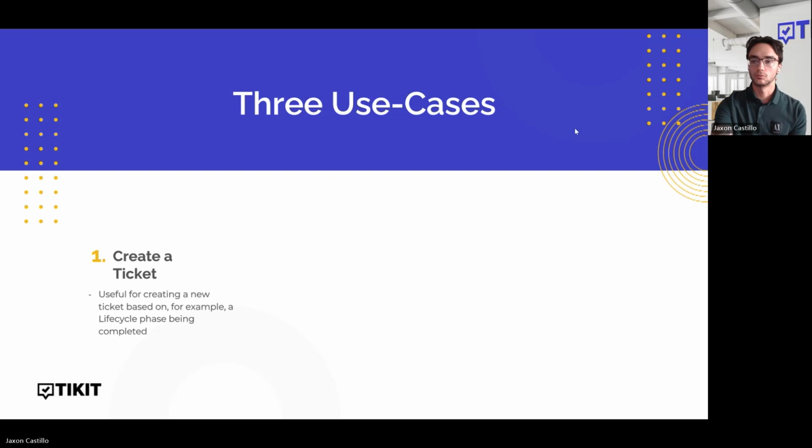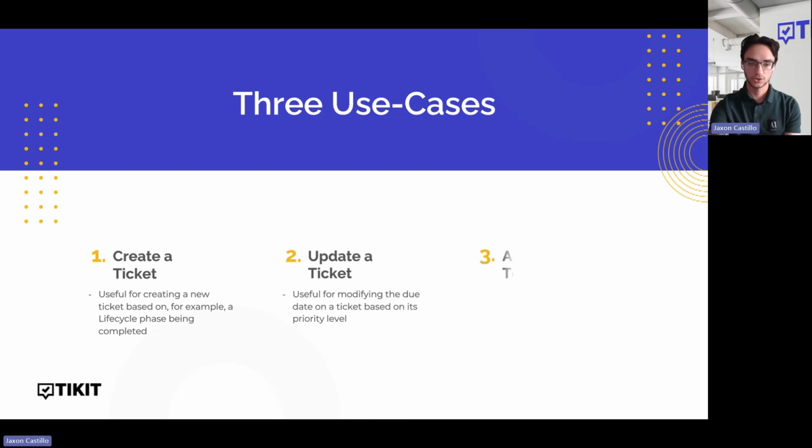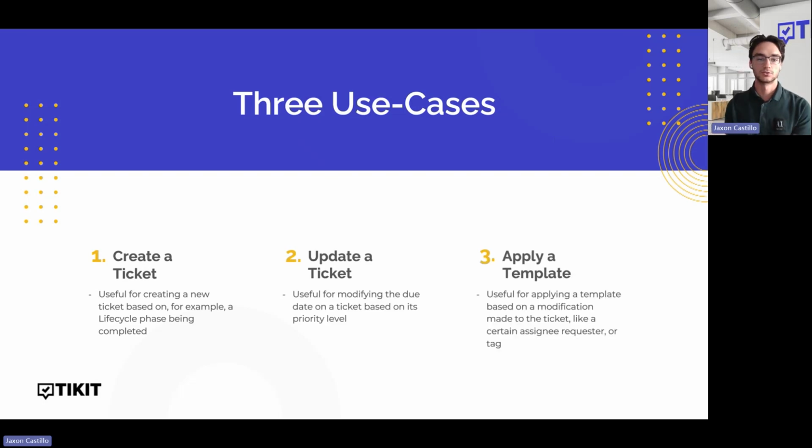Now, like I mentioned, there are three use cases. You can create a ticket based on a lifecycle phase being reached. You can create another ticket saying, hey, here is what's going on. We're going to create a ticket based on this lifecycle phase being reached or completed. You can update a ticket, like say, hey, there's a priority level. This is the high priority. We want this done ASAP.